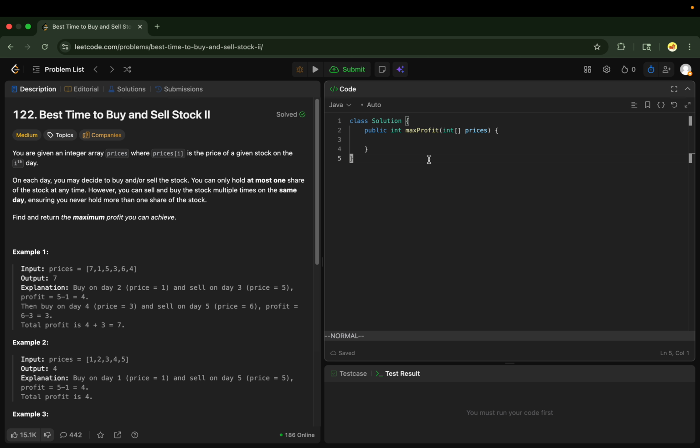Okay, so the first thing is to analyze this first. The goal is to find the max profit by buying and selling multiple times.